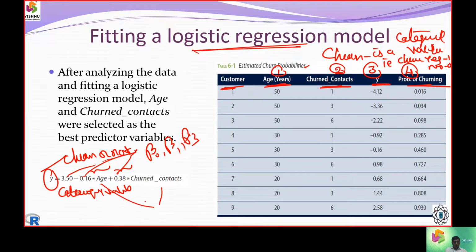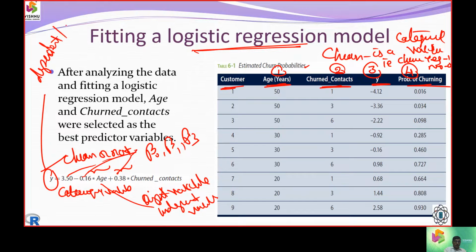Age and churn contacts we call input variables or independent variables. Why are we going to call it a dependent or output variable? This is all what we are going to check.